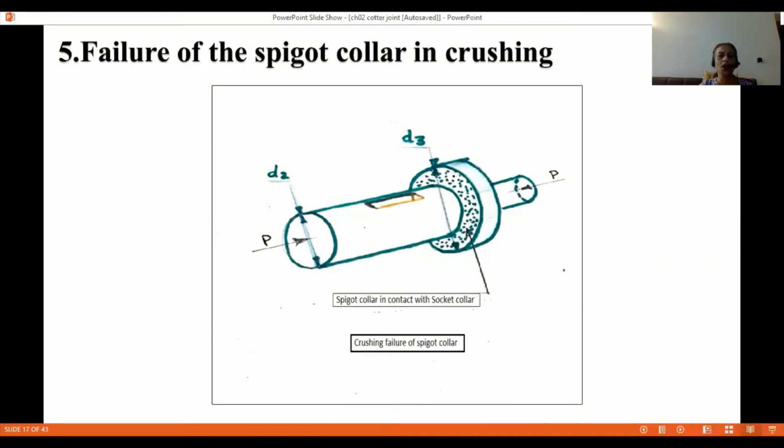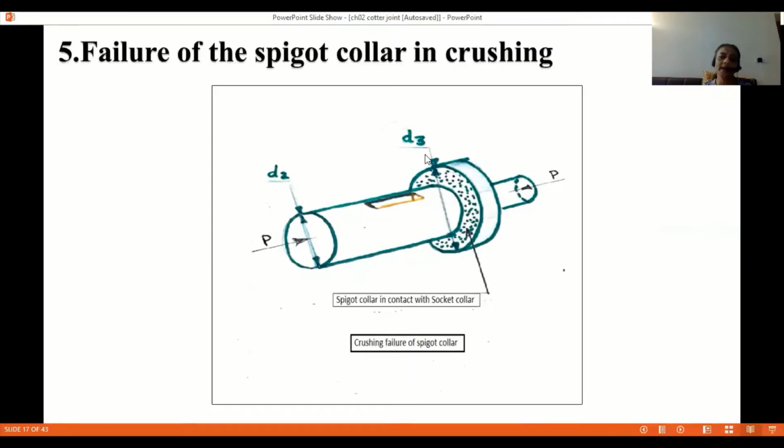So when the load will be tensile, compressive, at that time, this much area, this much portion of the spigot collar will be subjected to rupture when it comes in contact with the socket collar. Because they are in contact with each other, there will be a localized compressive stress at this particular region. And that failure is known as crushing failure of the spigot collar.